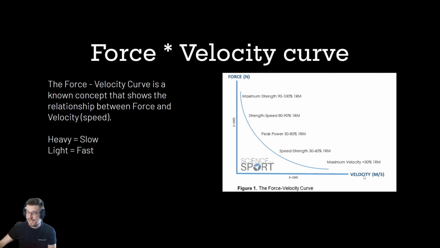The complete opposite end is going to be max velocity, where you take something incredibly light that you can exert all of your force into, to get maximum speed. The idea here would be like throwing a wiffle ball, or just throwing your arm, which isn't exactly what we were trying to do. But maximum velocity would be something that's under 30% of 1 RM.